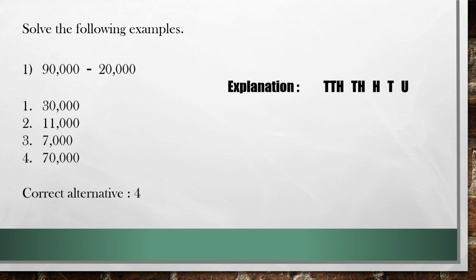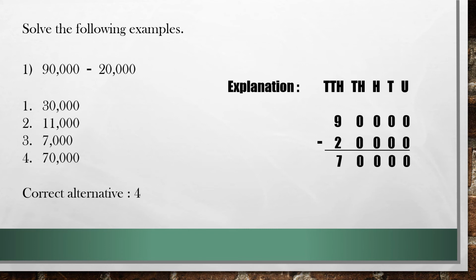I'll just explain how we got it. 90,000 minus 20,000 gives 70,000, because 0 minus 0 is 0, 0 minus 0 is 0, 0 minus 0 is 0, 0 minus 0 is 0, and 9 minus 2 is 7. Alright.